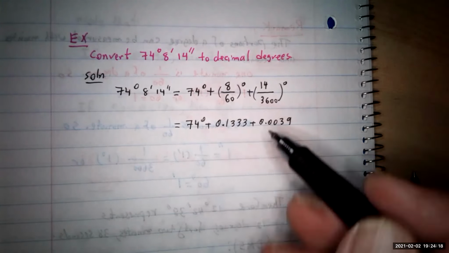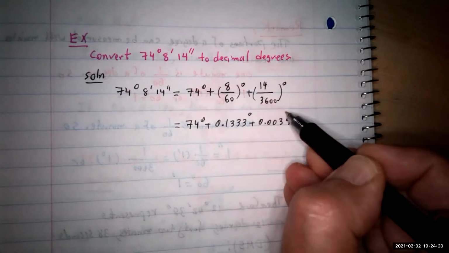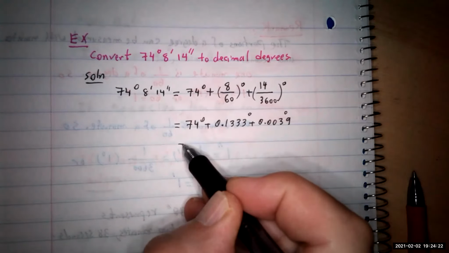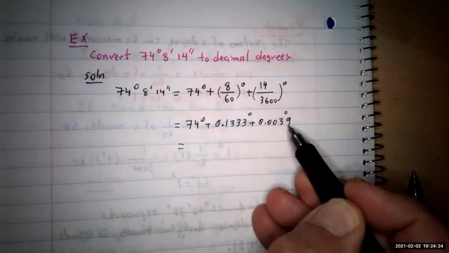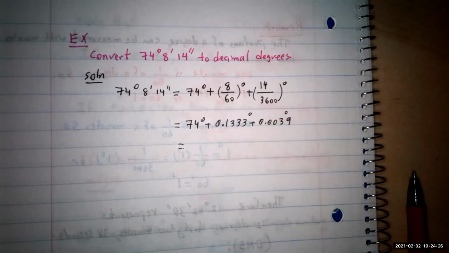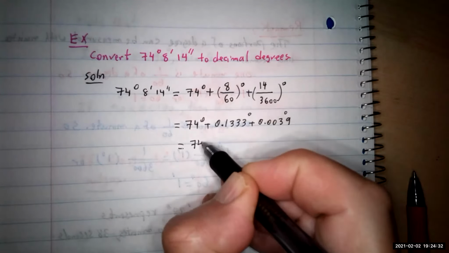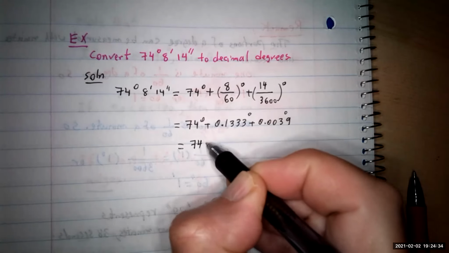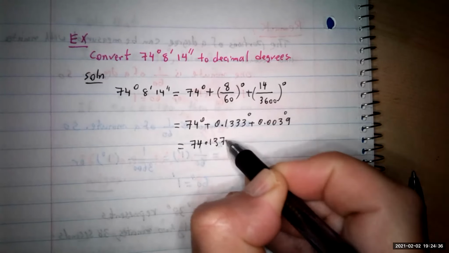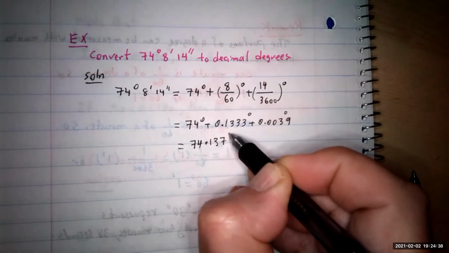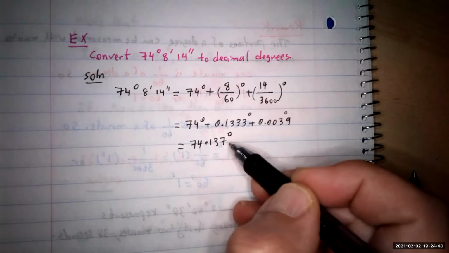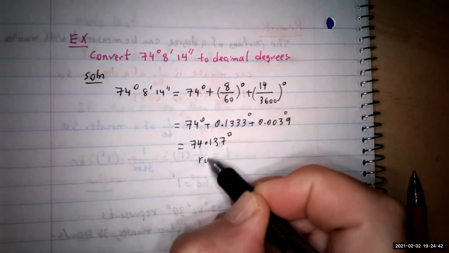These are all degrees. This is the way I write it down. I round to the nearest thousandth, if you like, then I add them together. Or you add first, then round to the nearest thousandth. So that would be 74.137 degrees, rounded if you like. I think this is it.